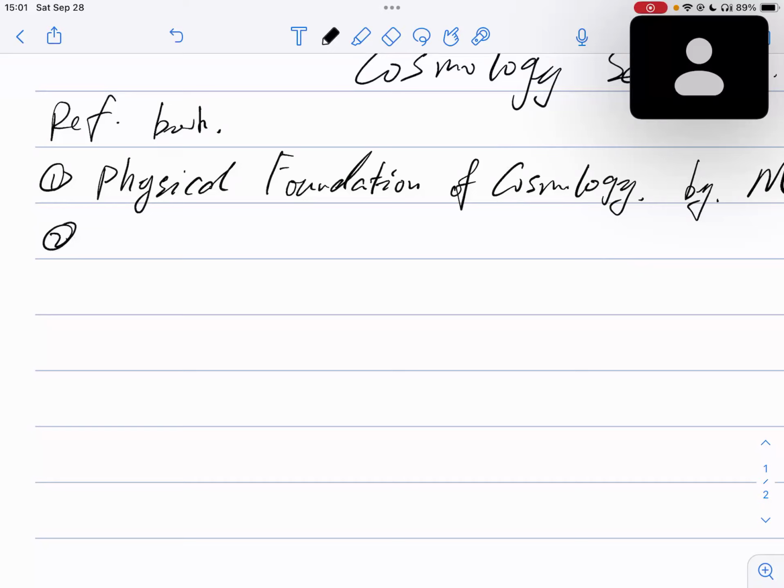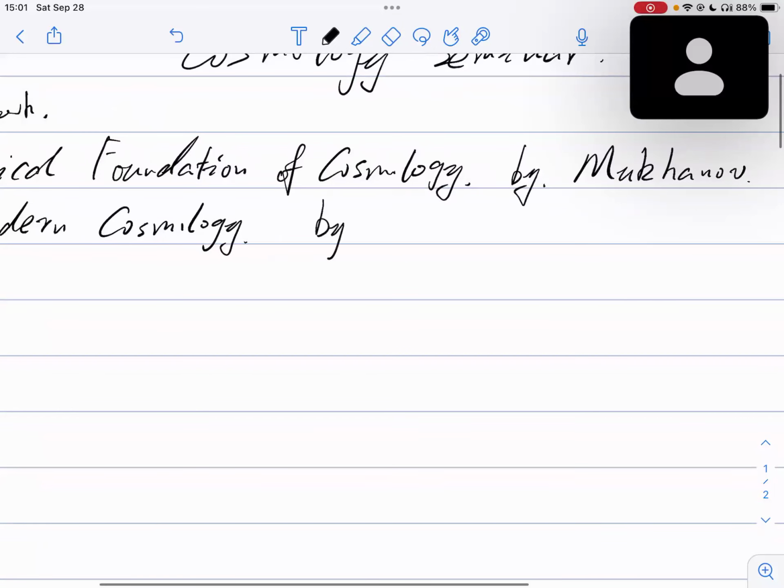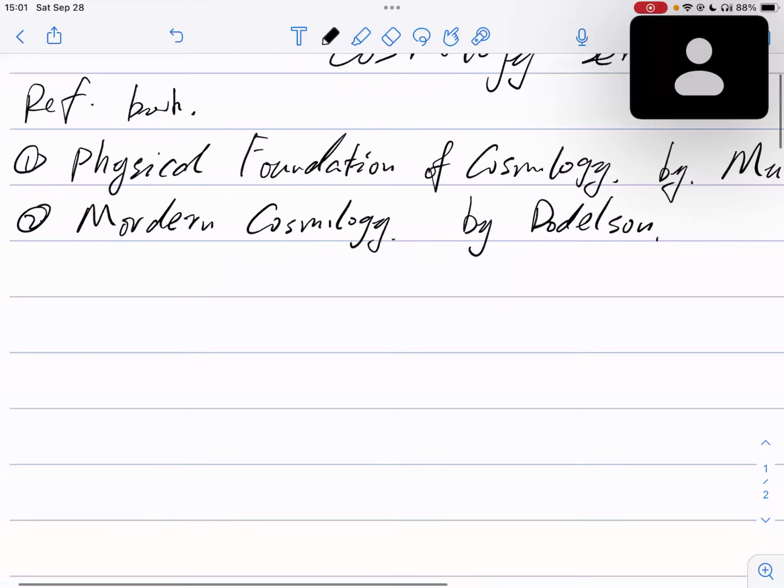Okay, the second one is the classical textbook, Modern Cosmology, by Dodelson. He's a former professor at the University of Chicago, but now he has moved somewhere else, I suppose.